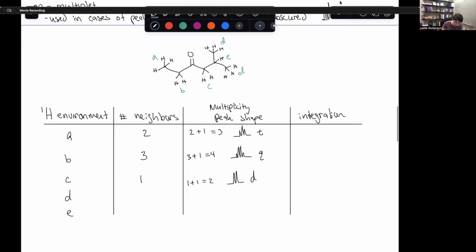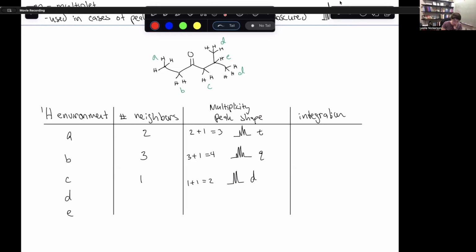Okay, D. If we're looking at D, whenever we have the same environments, but they're in separate spaces, we only need to look at the perspective from one of those spaces. So for instance, I do have the 6 H's in my D environment, but we really only need to look at one of those to see what our neighboring situation is like, because they should be identical and we're not going to count it twice.